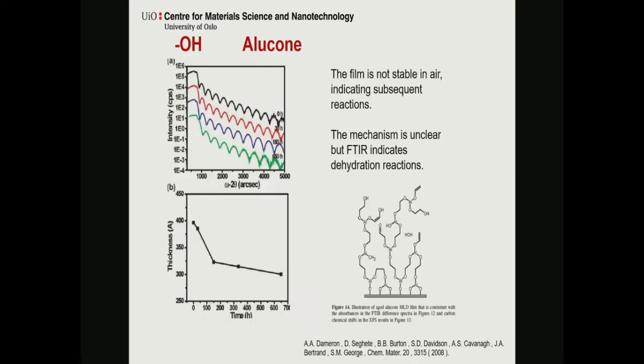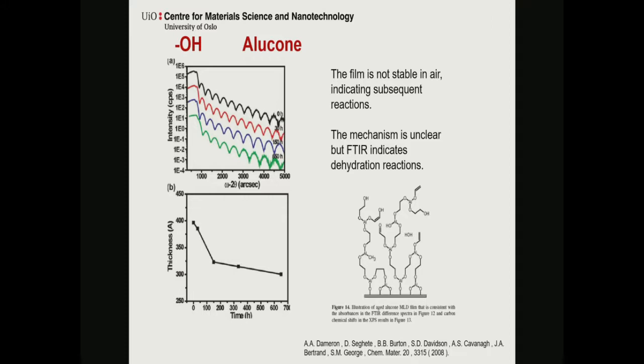So if you then take them out and let it react, something happens to your film. This here drops in thickness, and from FTIR they claim to see these dehydration reactions, but it's not consistent.